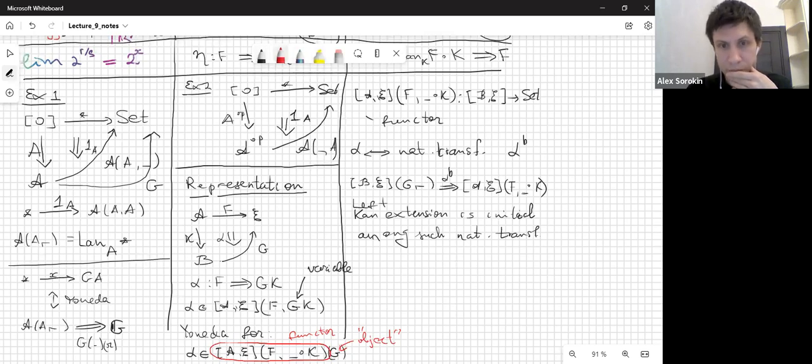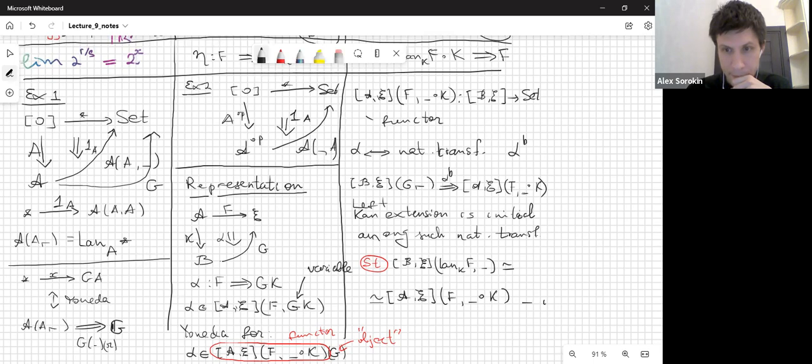Therefore, we have a statement which tells us that, from B to E, the left Kan extension of F along K, comma blank, has an isomorphism with the functor of natural transformations from F to blank composition K. Of course, this is all if the left Kan extension of F along K exists.